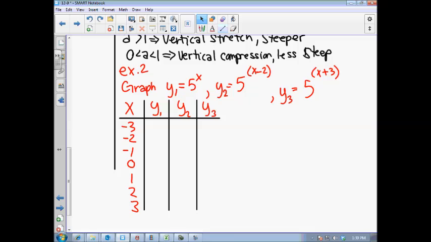Okay, so you're plugging in, you're in charge of this one. So you're going to plug in first -3. So you do 5 to the parentheses, -3 plus 3. What is -3 plus 3?